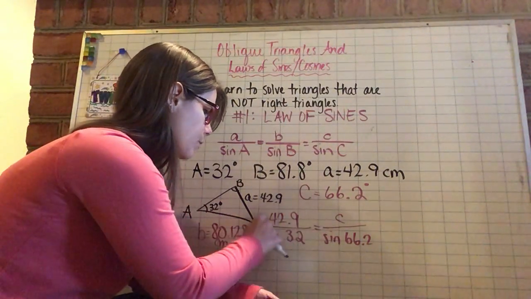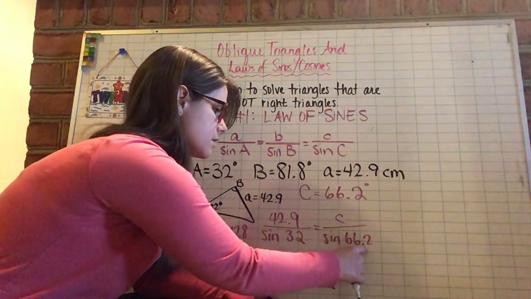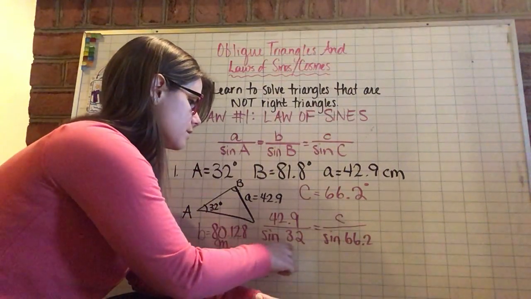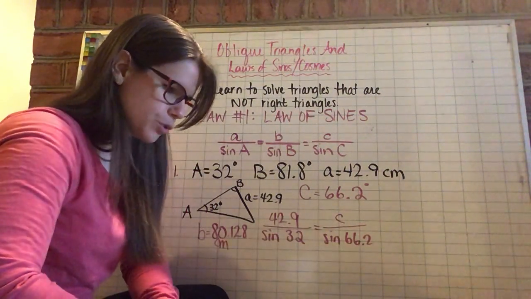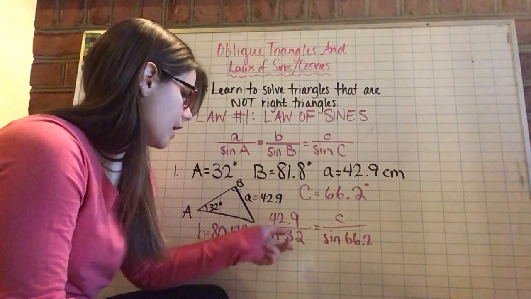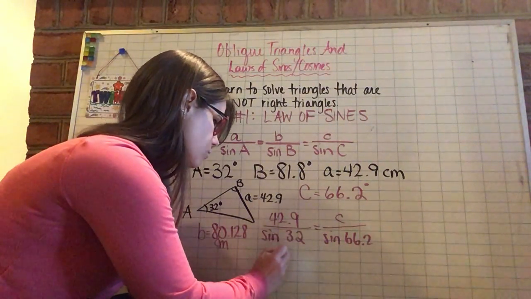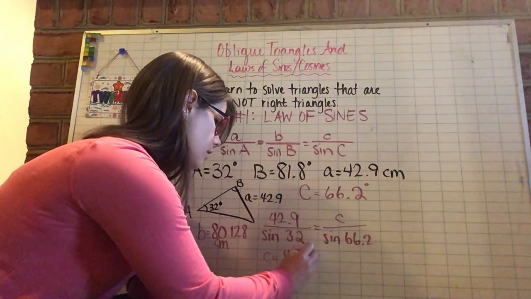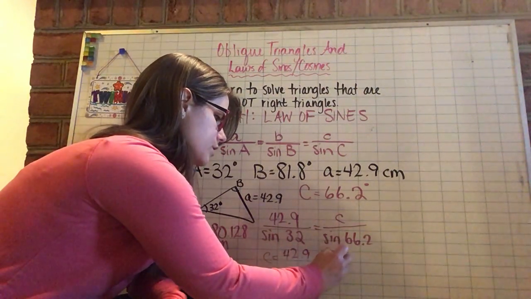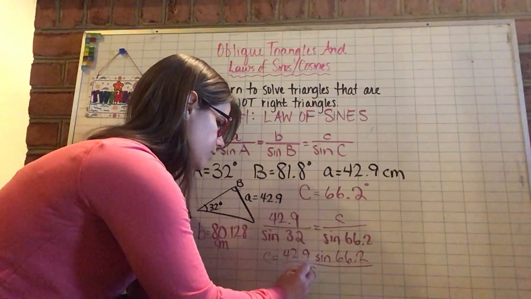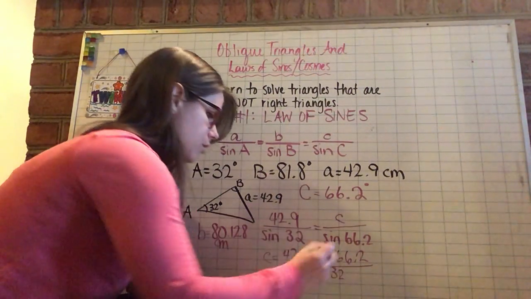All right, so we do the same thing. We cross multiply, we get 42.9 sine of 66.2 is equal to C times sine of 32. I'm going to divide both sides by sine of 32, so we end up with C is equal to 42.9 sine of 66.2 all over sine 32.